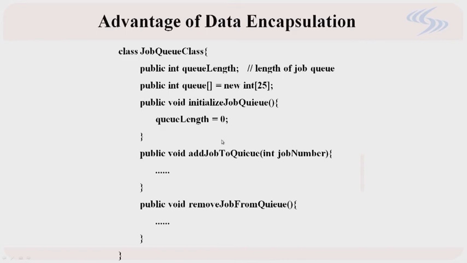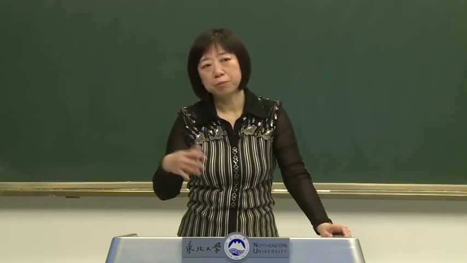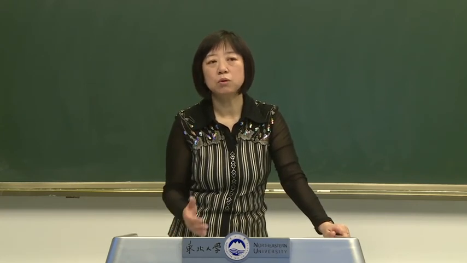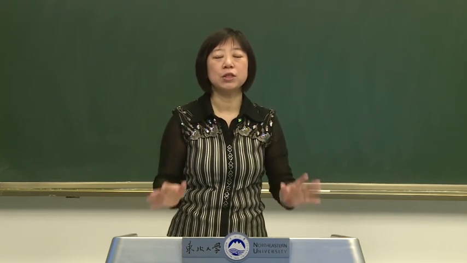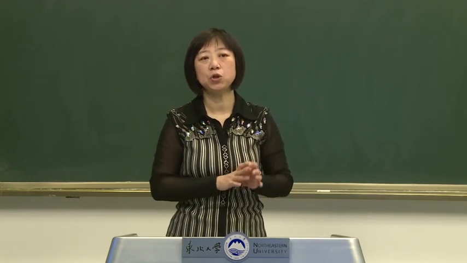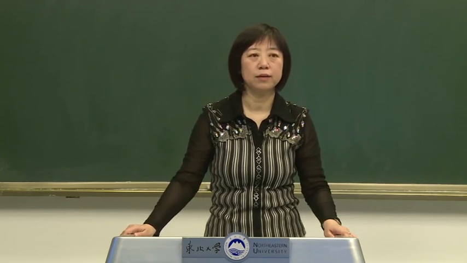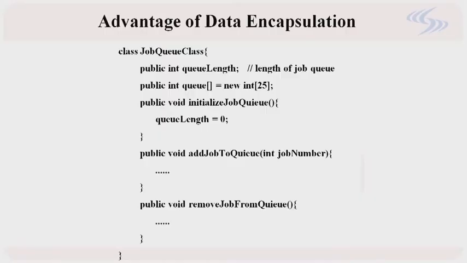We can see that everything is within this class. And from the point of view of outside the class, the other classes don't need to know about changes or modifications of this class. All that they can access is just the interface of the methods, such as initialize job queue, add job to queue, or remove job from queue. Right? So this is the advantage of data encapsulation.